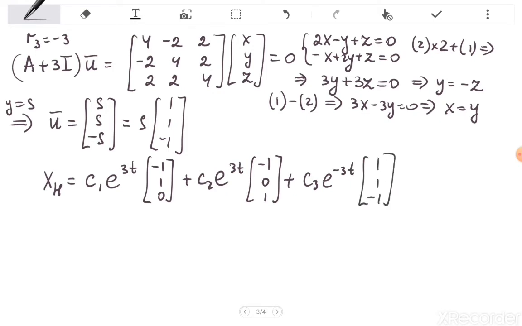This is just the solution of the homogeneous system. This we already know how to do, just repetition for you.